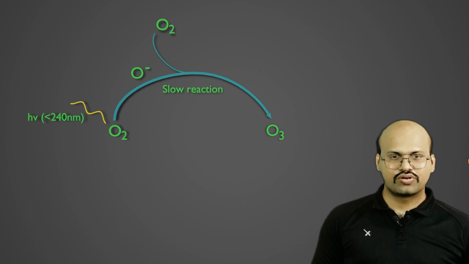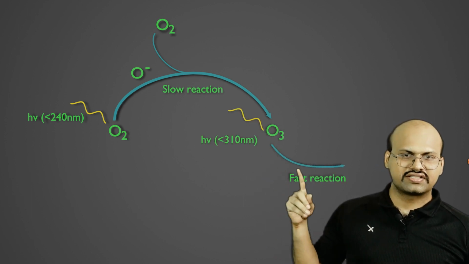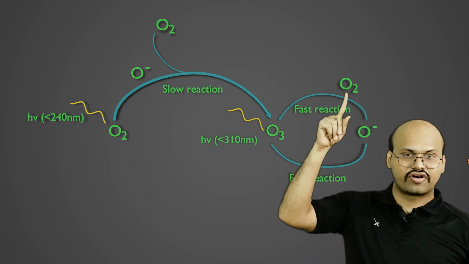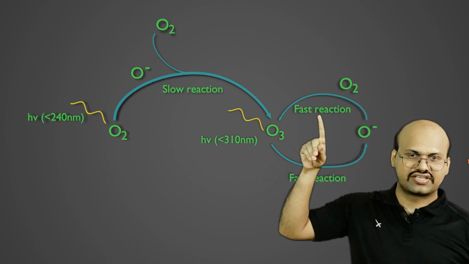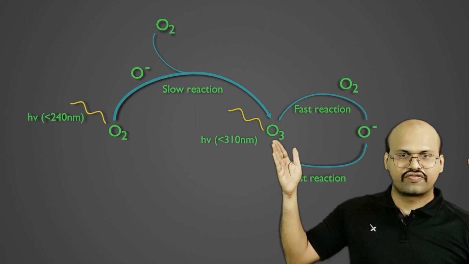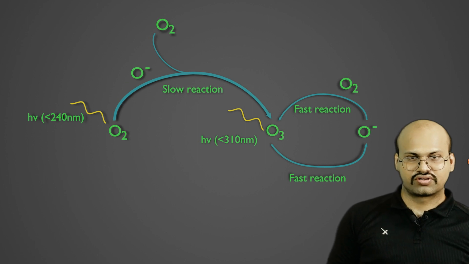Now this ozone molecule can be broken by another photon and it will give us another oxygen ion. This ion will again combine with a molecule of oxygen in the atmosphere and give us ozone. This is a cyclic process and you can see that both of these reactions are fast reactions. Therefore, this process of formation of ozone as well as destruction of ozone continuously goes on.